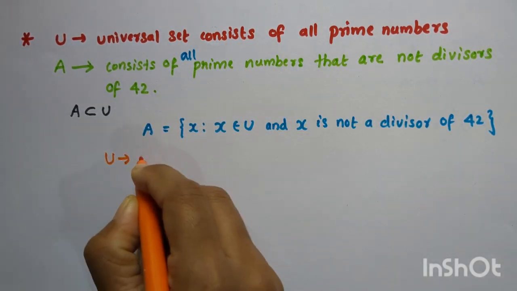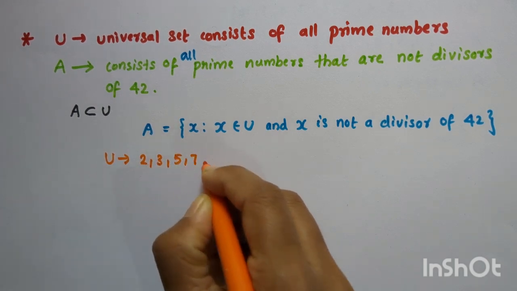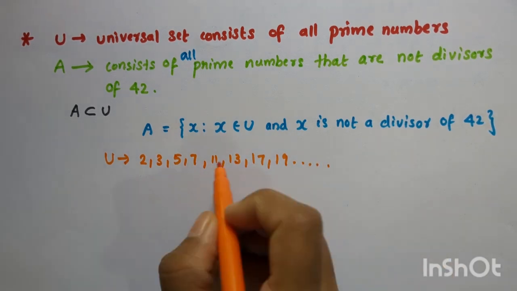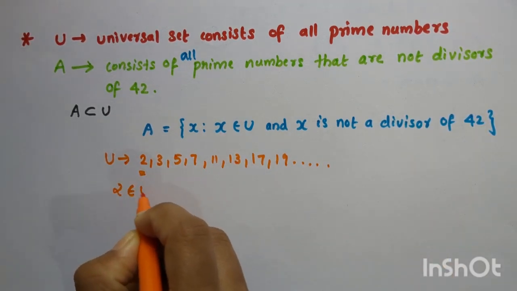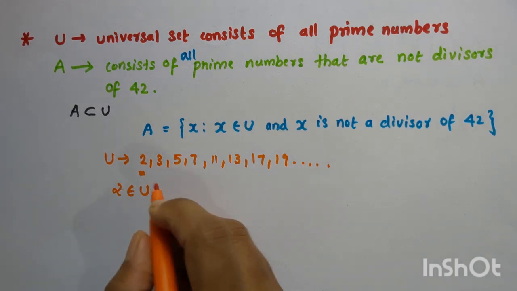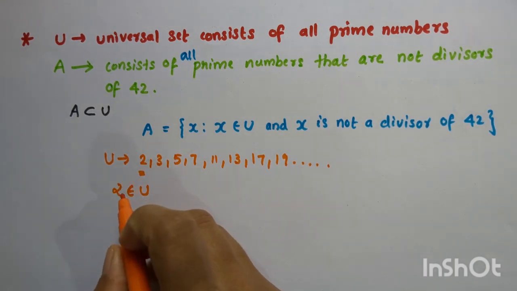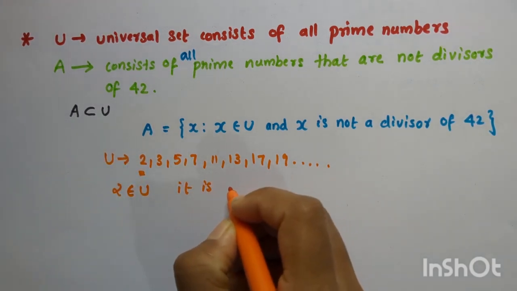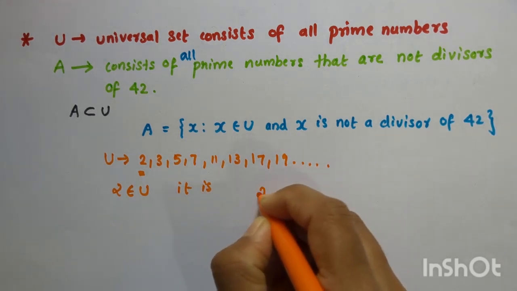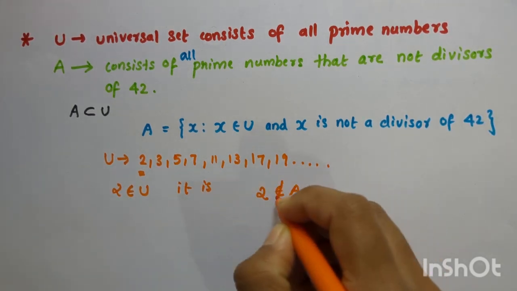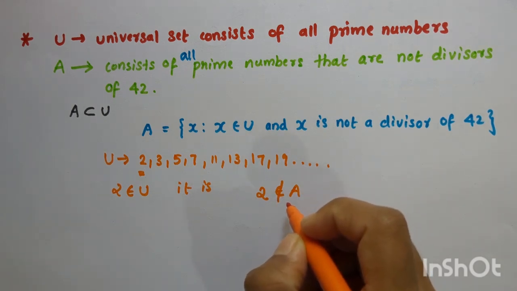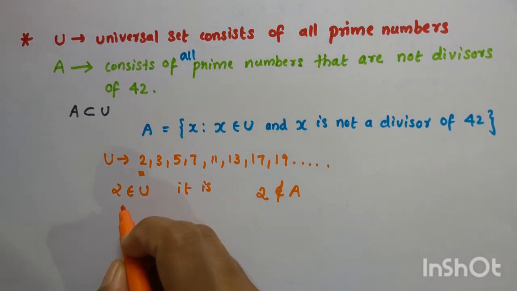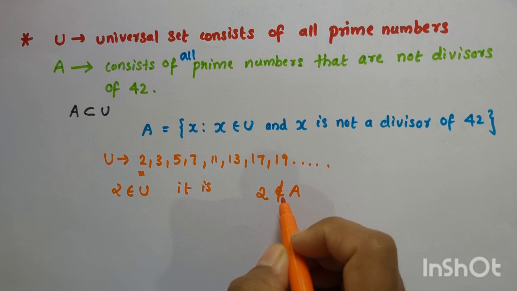So U will contain the numbers 2, 3, 5, 7, 11, 13, 17, 19, etc. Here you see 2 belongs to U, it is an element of U. But 2 is a divisor of 42. So 2 does not belong to A, because the elements in A are not divisors of 42.